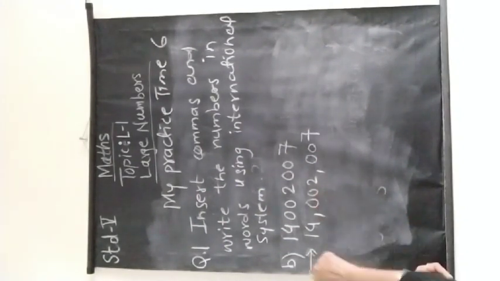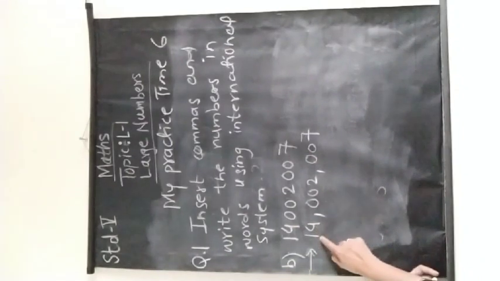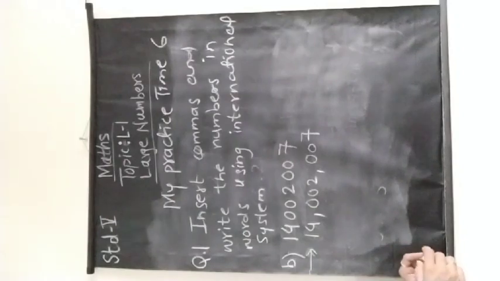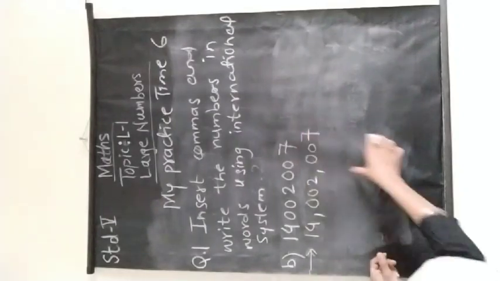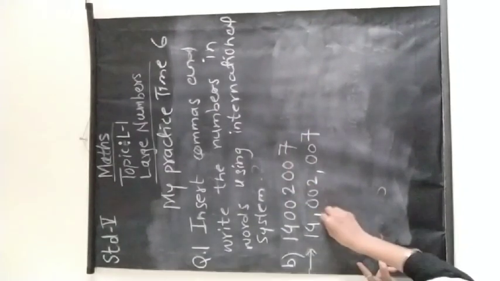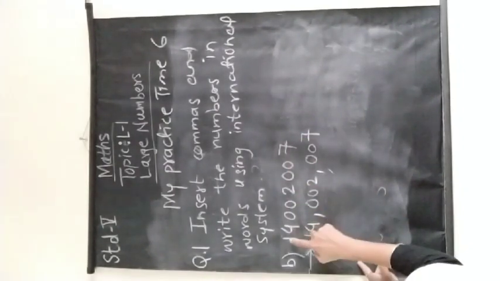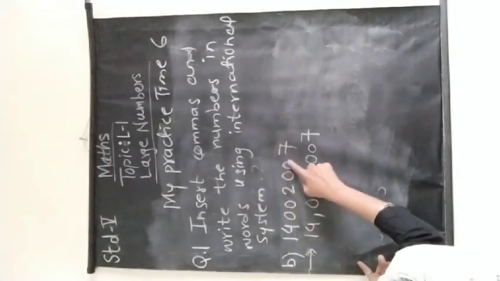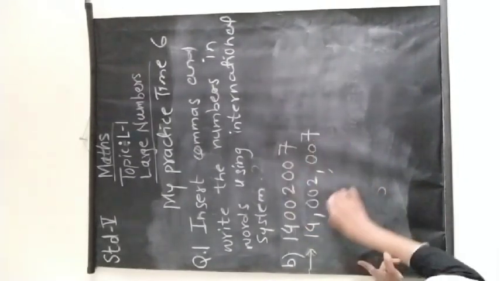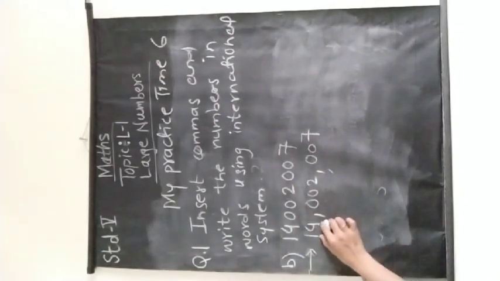And the million period has million, then 10 million and then 100 million. Like this we have to make periods of 3. Now how many digits are there? According to that give commas. Here there are 8 digits, so 3 in one period, 3 in the next, and 2 in the last period.